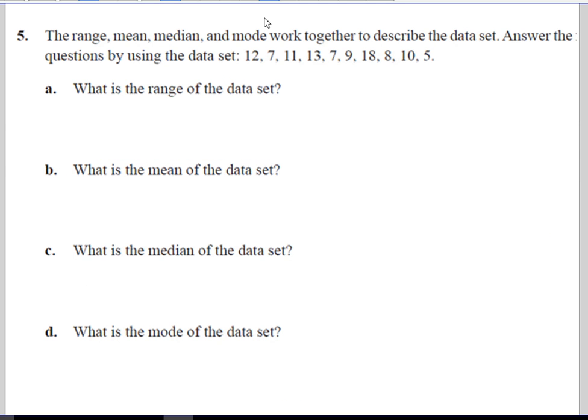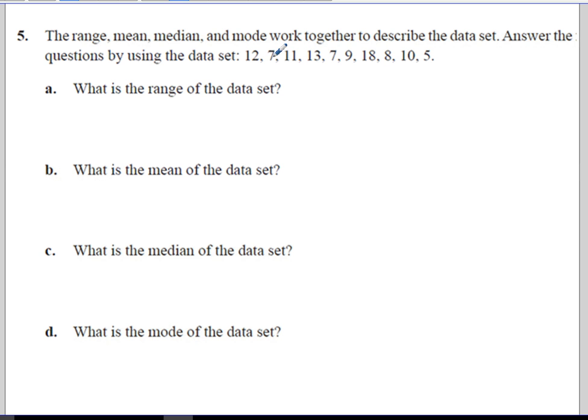So now let's look at the data and do all of these different things. Find the range, the mean, the median, and the mode. So first step again is to put your information smallest to largest.